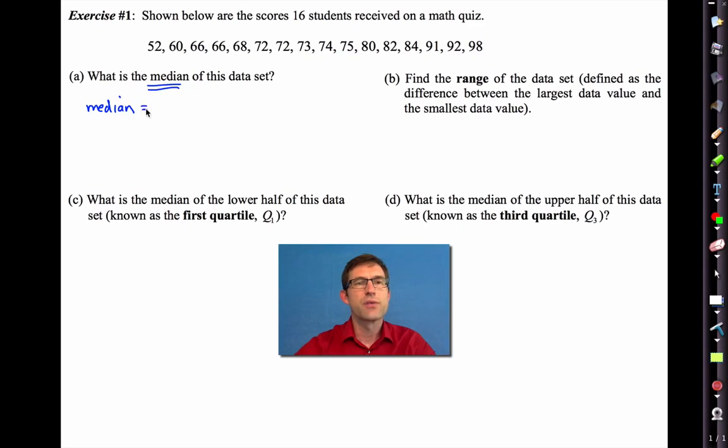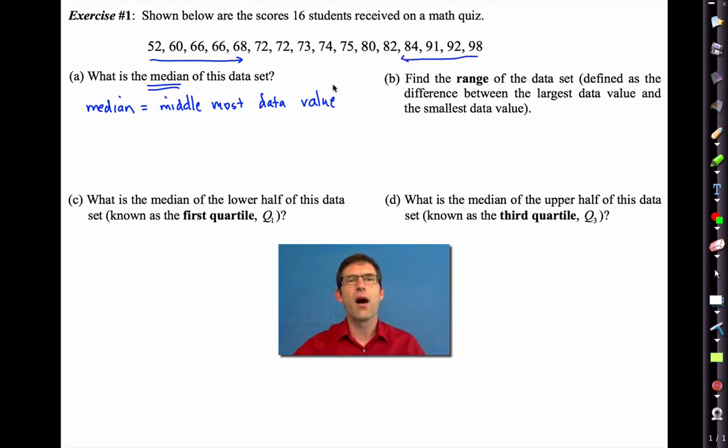Now, this is actually review. The median would be considered the middlemost data value. Typically the way students do that is they go in from one side and the other side. Now, if a data set has an odd number of data values, it's very clear what the middlemost data value is.